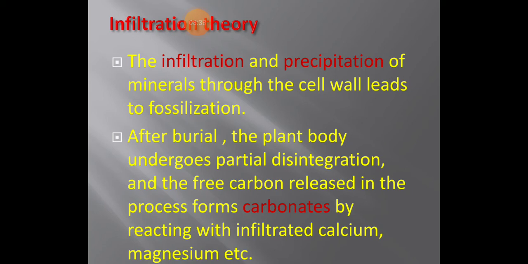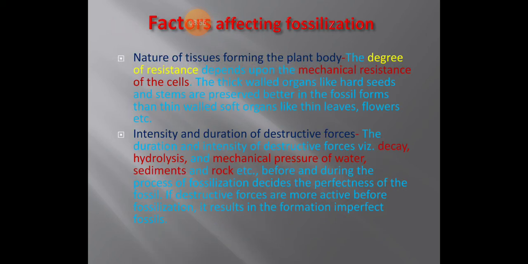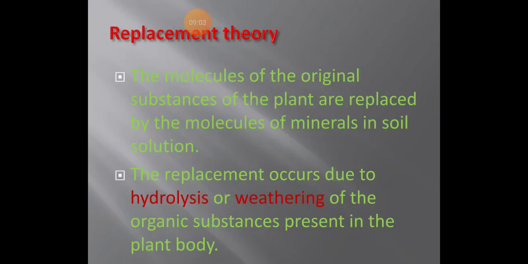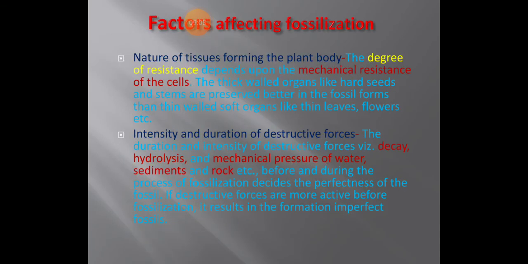That means here the plant is not completely fossilized; only part of the plant body undergoes the fossilization process. Here, wherever the plant tissues are degraded, the material is replaced with calcium and magnesium content. So these two theories, the infiltration theory and the replacement theory, explain how fossilization occurs during the different geological time scales.